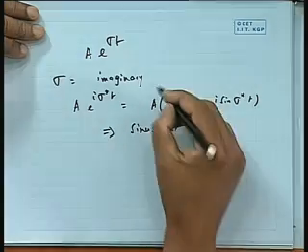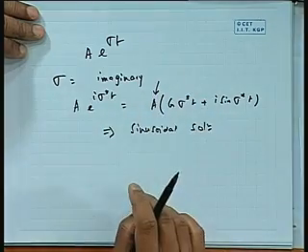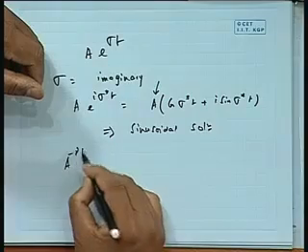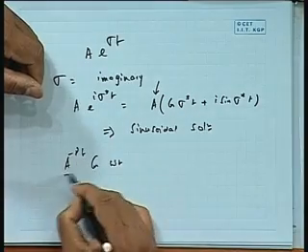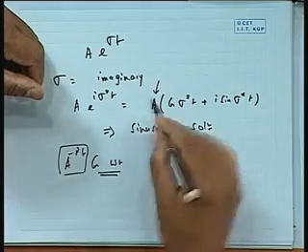There is no decay. Remember, the decay would have been if A had a real sigma t, which is what happened in the damping case, where you have e to the minus t into cos omega t. So this decays, but this is not decaying. This is the sinusoidal curve.